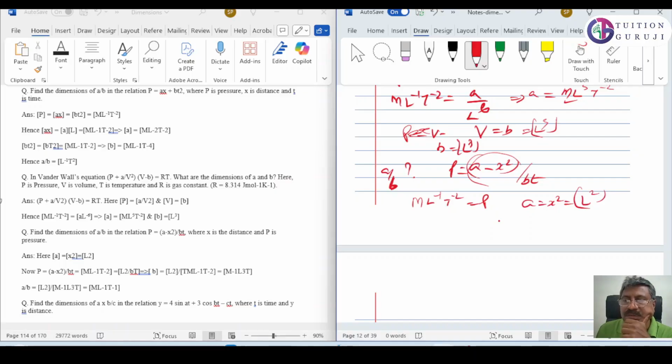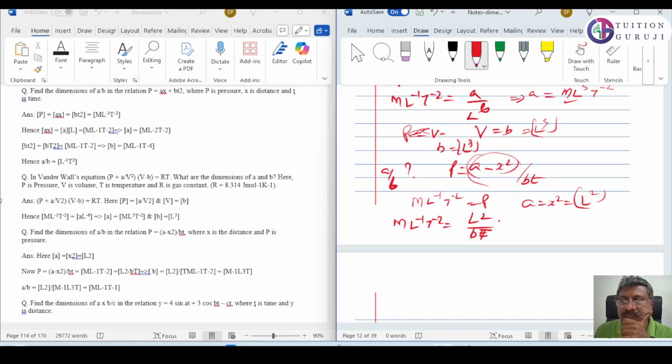Now, M L raised to minus 1 T raised to minus 2 is equal to L square by bt. Here both have the same dimension, therefore we will write L square by b into t.